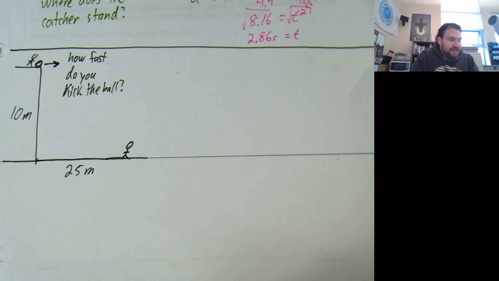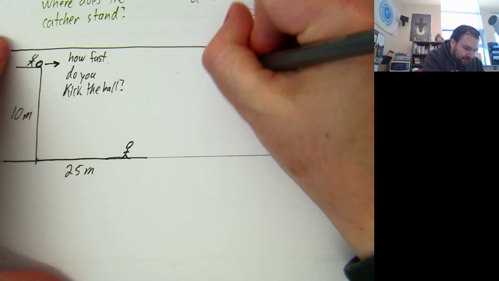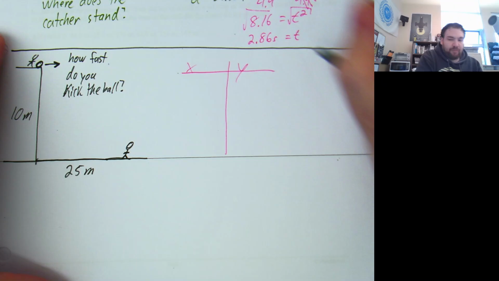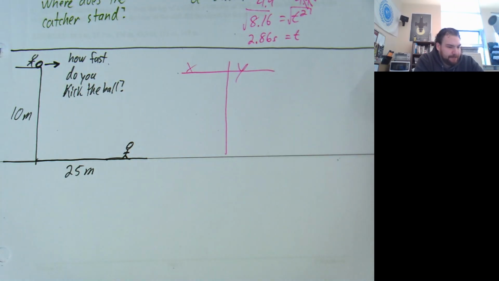And so for any projectile problem, the beginning is the same. We're going to separate these things out into a horizontal and a vertical portion of the problem. And we're going to write down everything we know. So what do we know?